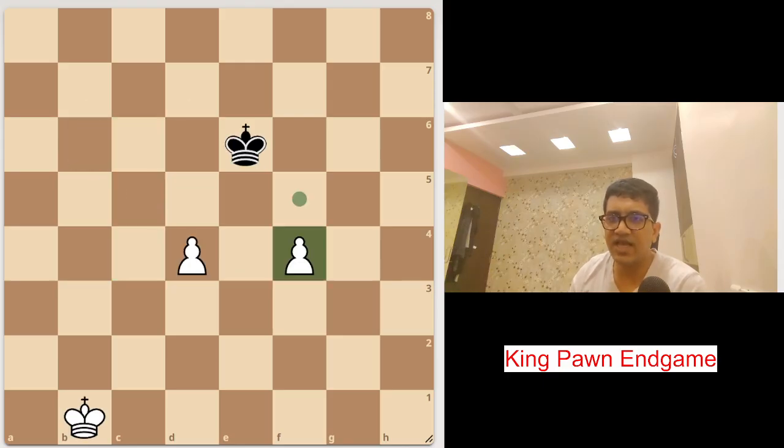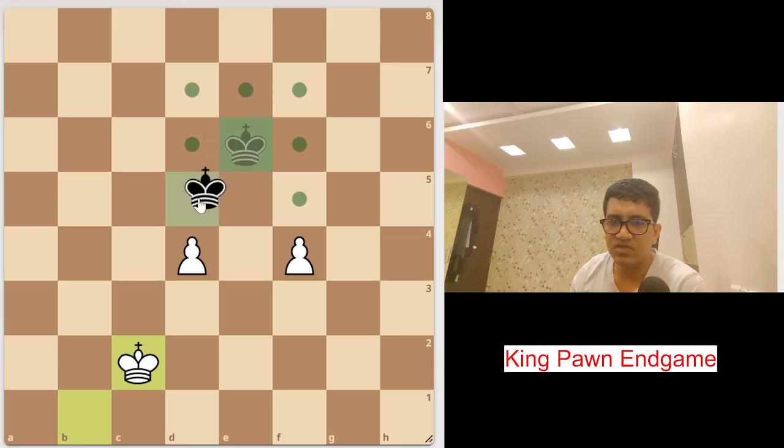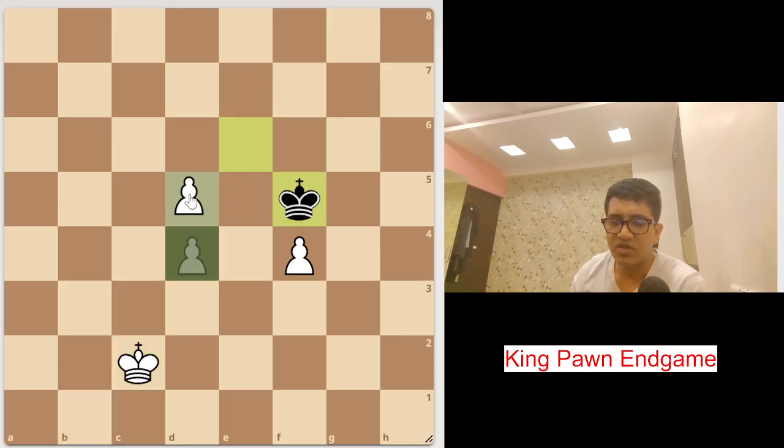And another key idea in king and pawn endings: even if they are not connected, these two pawns are also a win for white, because even if the white king is far, the black king can't take any of these pawns. If he takes one, the other will be promoted. Let's see the position. Let's suppose he wants to take this one, but he can't because you will move this.